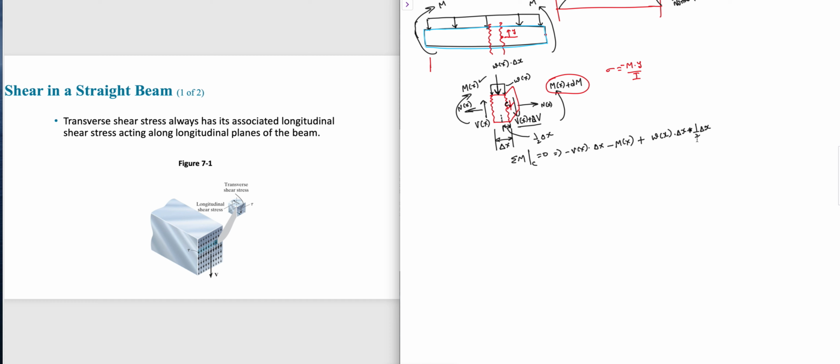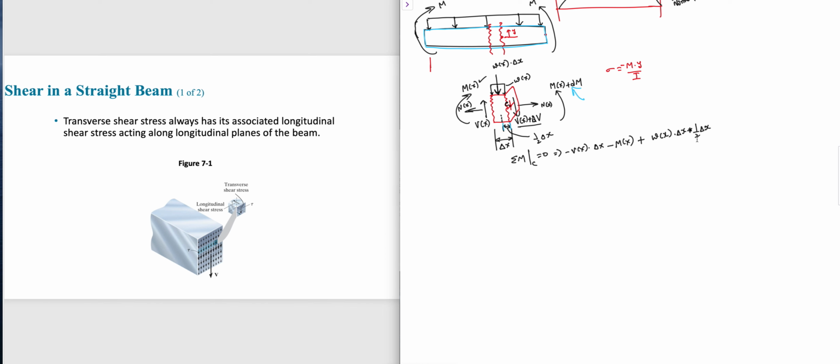So this is how it is trying to rotate. So what I'm trying to say is this distance is half of delta x. Anyways, that is positive. And don't forget this one here. Don't forget that, which is counterclockwise. So it is positive.